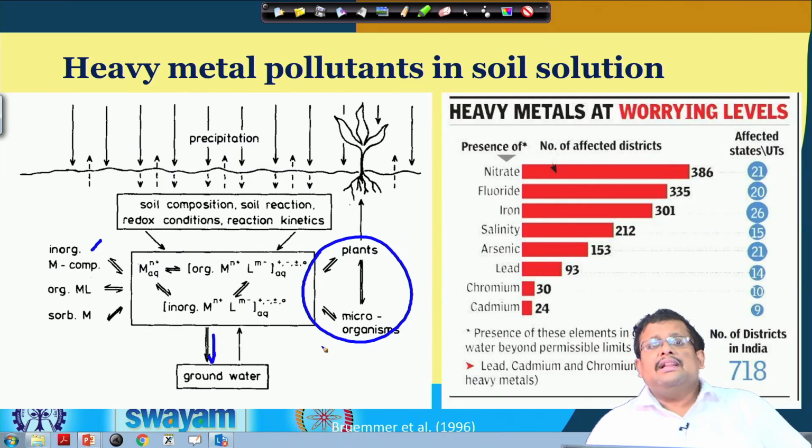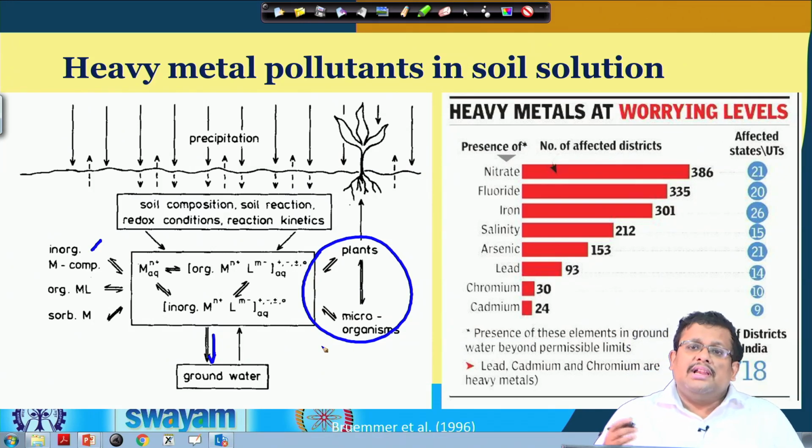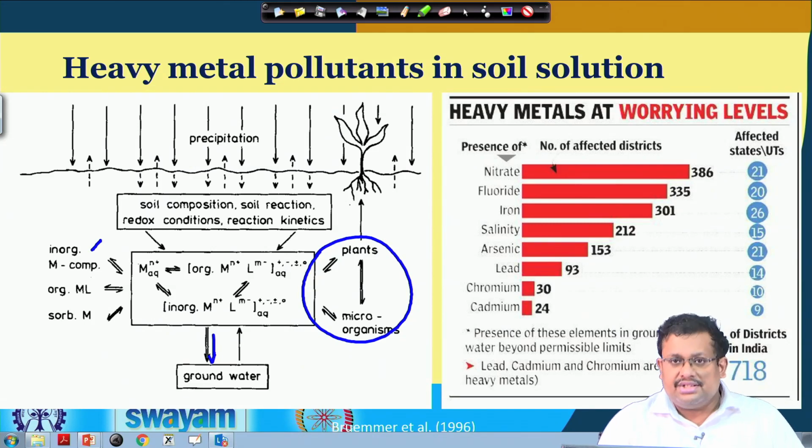So, heavy metal pollution, as far as Indian soils and heavy metal concentration in soil and groundwater are concerned, this figure shows an important insight of how many districts of India are affected by specific inorganic pollutants.